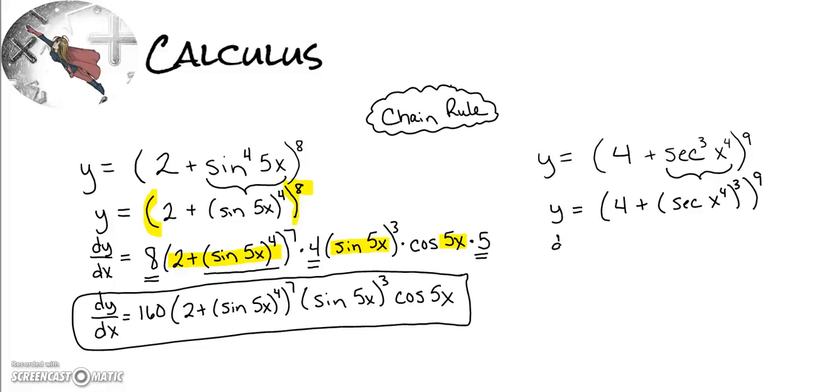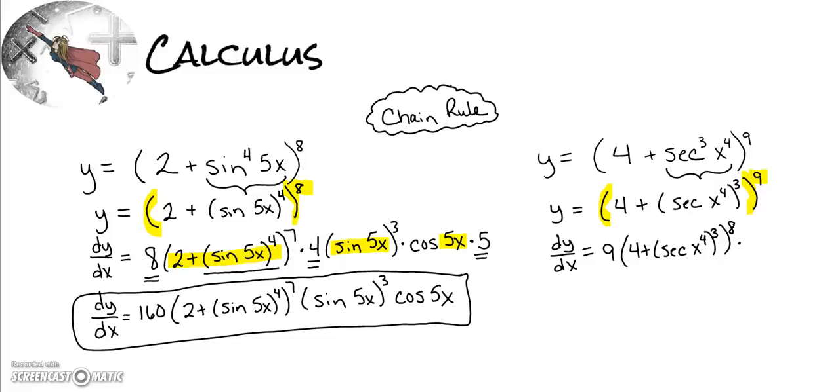Okay, so now we're taking the derivative. So again, the outermost portion is the fact that we have this quantity to the 9th power. So its derivative is 9. Recopy all of the inside stuff. We don't change the insides. And then that'll be to the 8th.